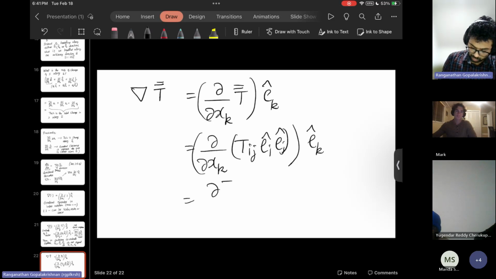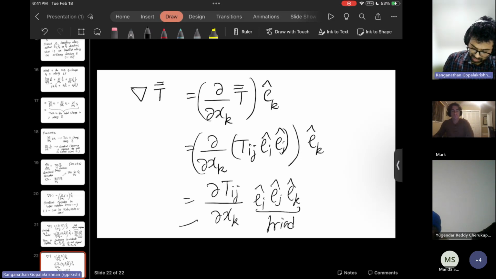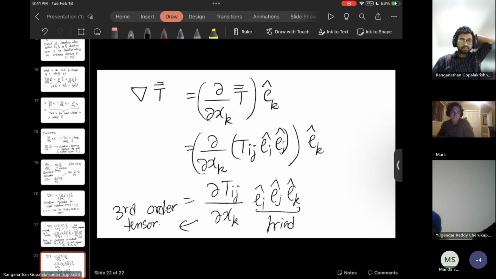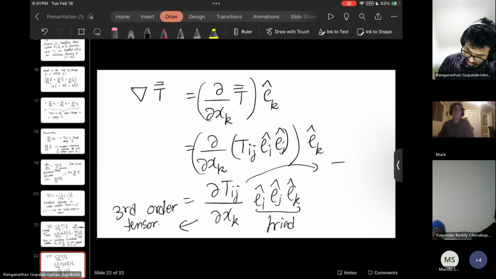So you have partial of tij over xk ei ej ek, making this a triad and a third order tensor. Very simple concepts, right? You can also write this as tij comma k.